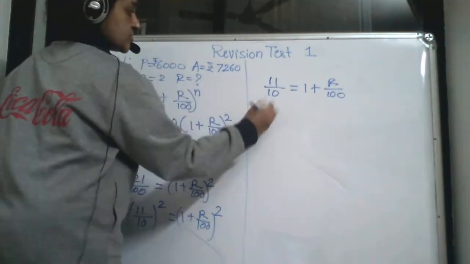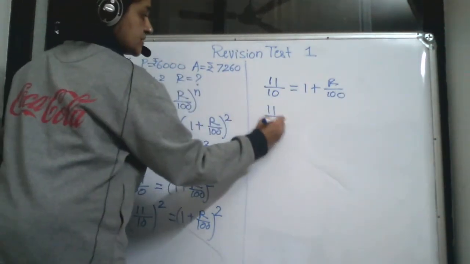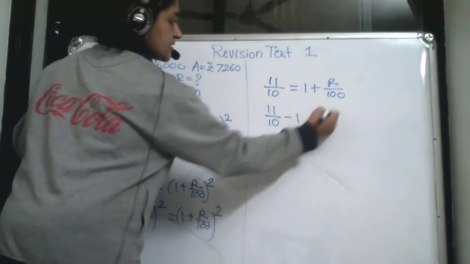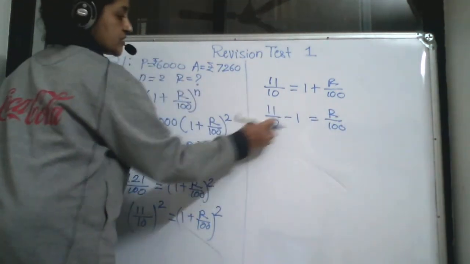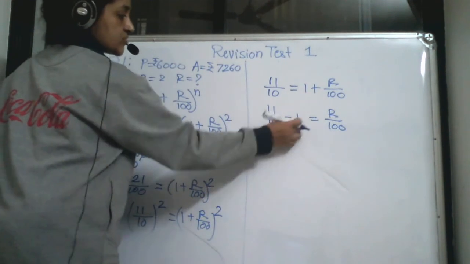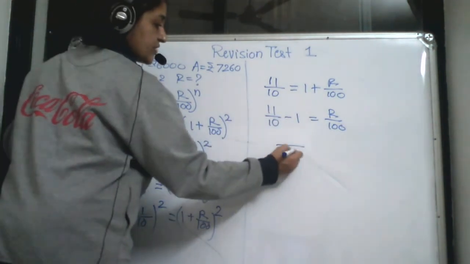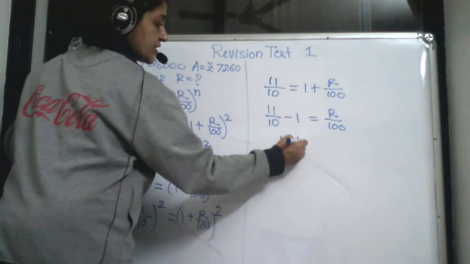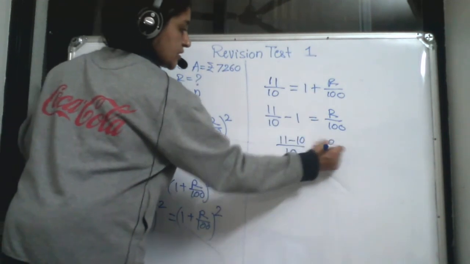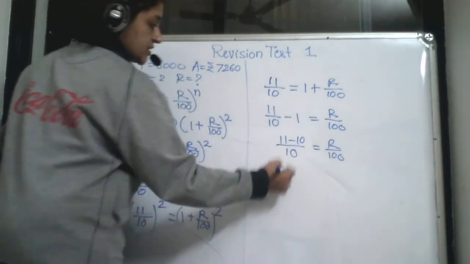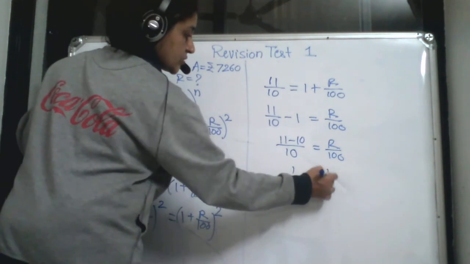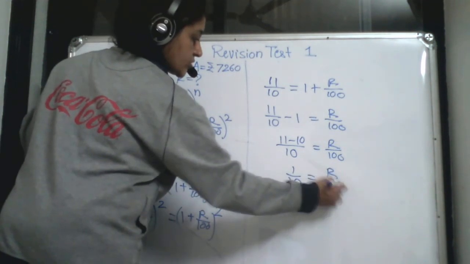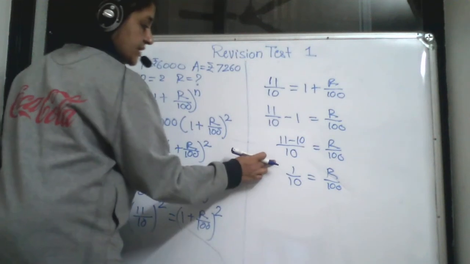Now transpose this 1 to the left hand side, so minus 1 equals R upon 100. Now when you perform this, because 10 is the denominator, so 10 will be the LCM. If 10 is LCM, what will happen? 11 minus 10 is equal to R upon 100. So it is 1 upon 10 is equal to R upon 100. Now transpose this 100 to the LHS.